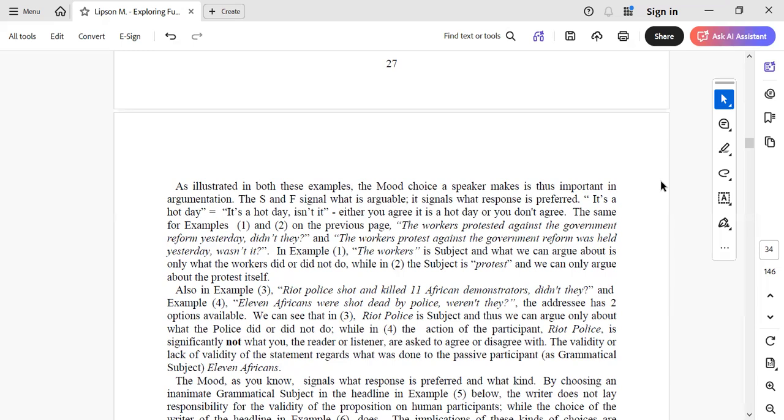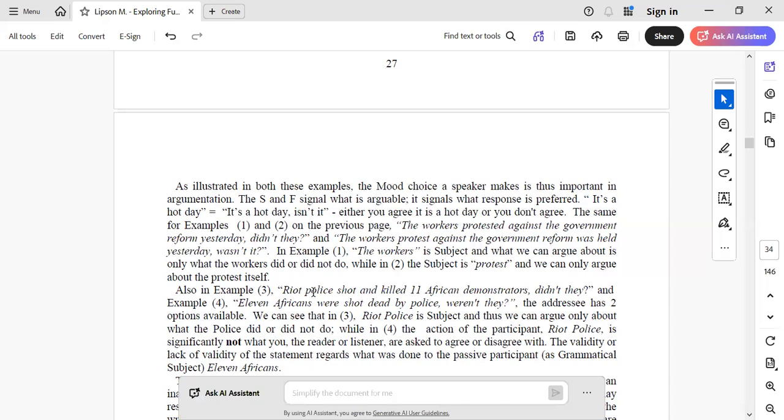While in 4, the action of the participant, the riot police, is significantly not what you, the reader or listener, are asked to agree or disagree with. The validity or lack of validity of the statement regards what was done to the passive participants as grammatical subjects, 11 Africans. Now you can see over here.